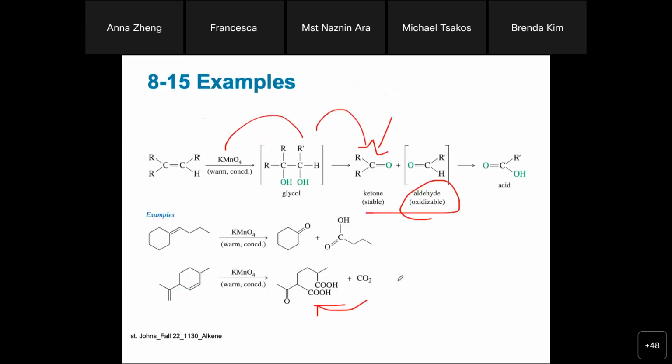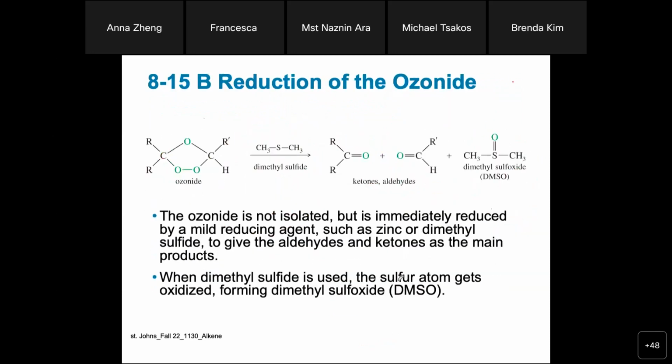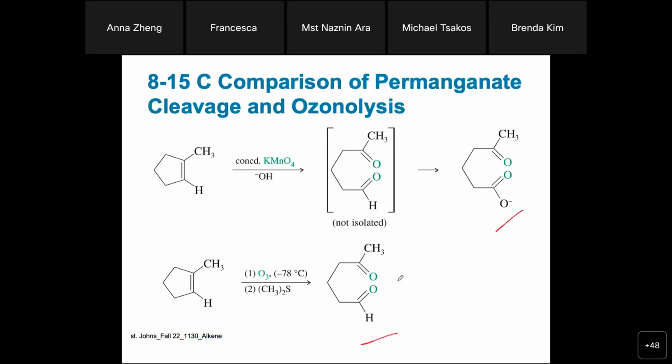But in the case of ozone, they do the reduction, and then they form the keto and this type of product. Since this is not as strong as potassium permanganate, it cannot do the further oxidation to acid or aldehyde products. So this is the comparison of permanganate cleavage and ozonolysis.